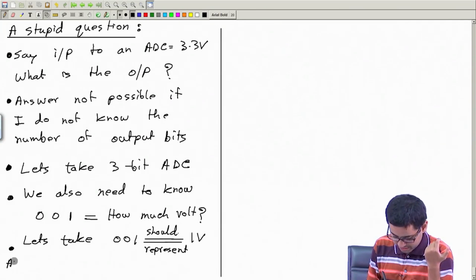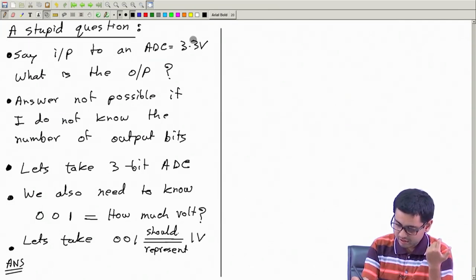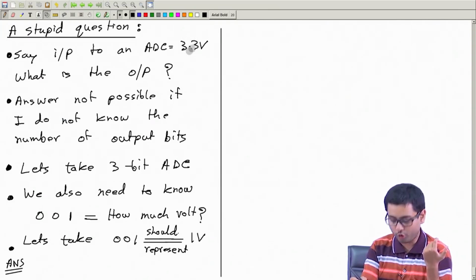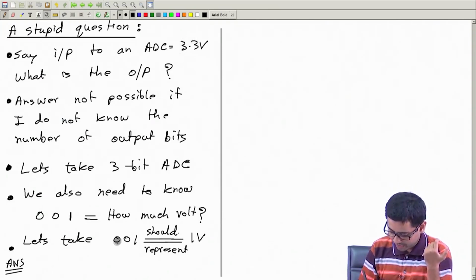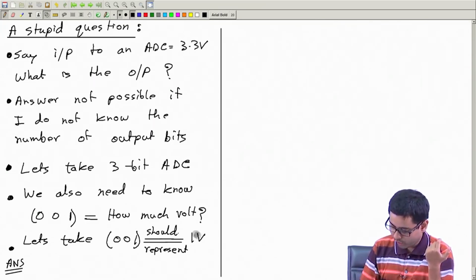Okay, so now the answer will be, we know that input is 3.3 volt and this number 1 is equal to 1 volt.